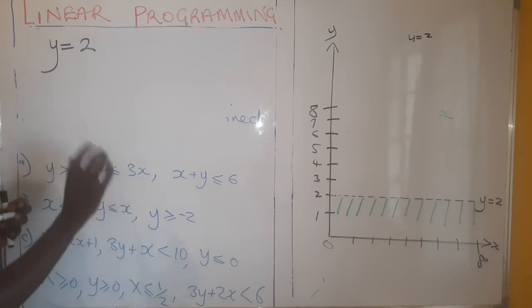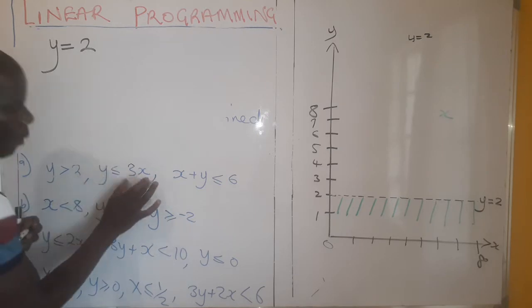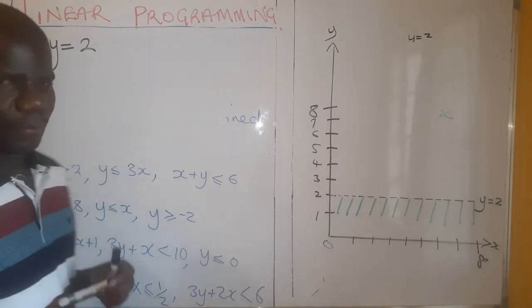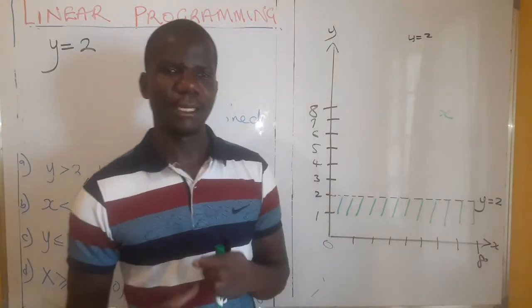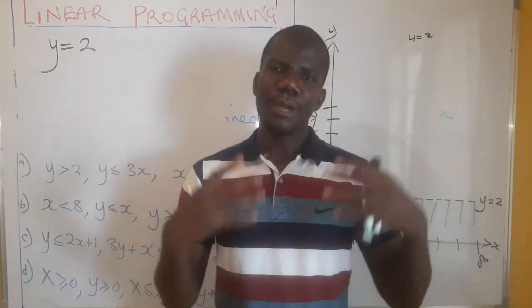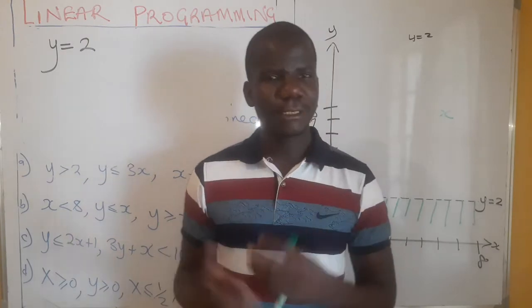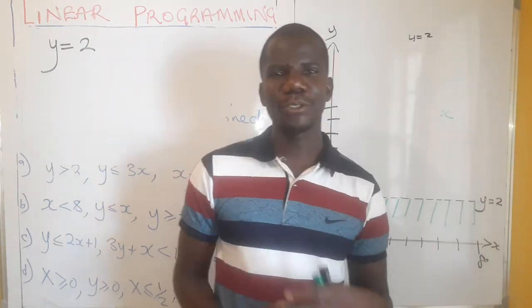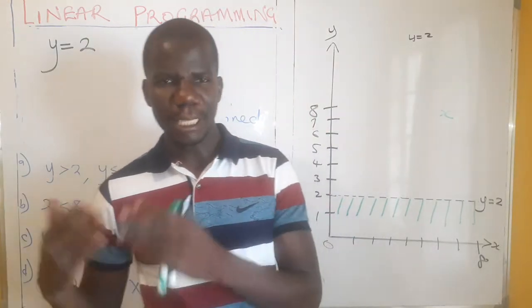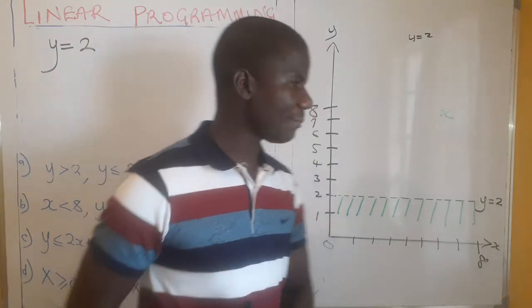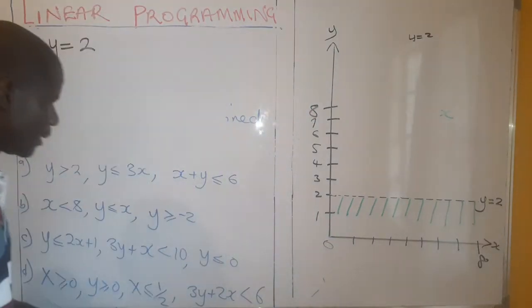Now, this one we have a combination of x and y. Please understand my point. Where you are having challenges, please make sure you comment so that I get to know how best I can be of help to you. But I'm trying as much as I can to make sure that you get my point at once.